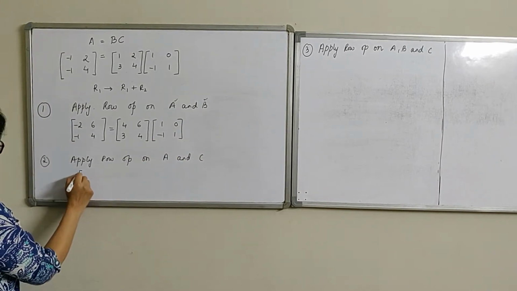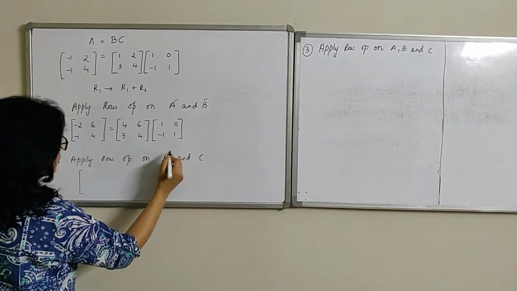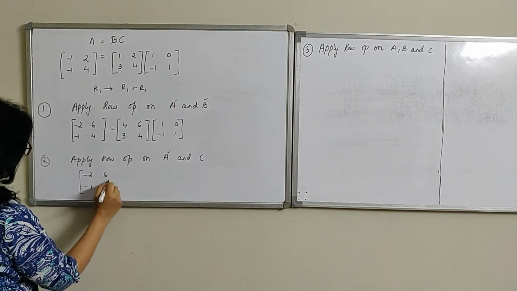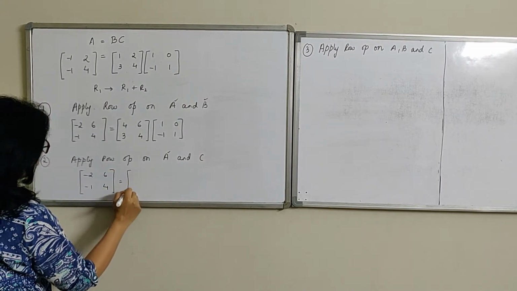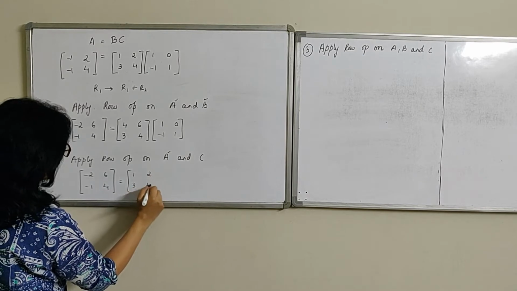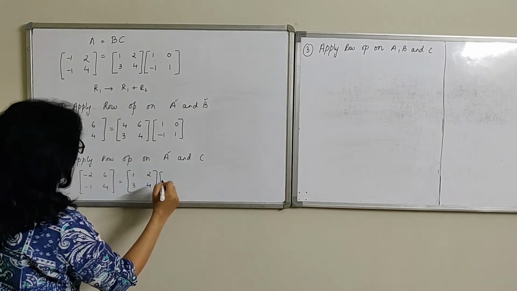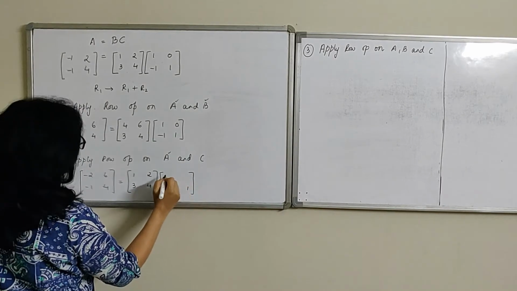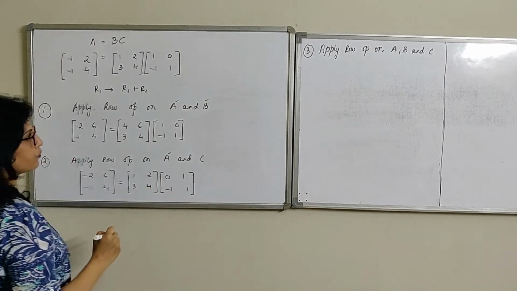In this case, the row operation is applied on matrix A, so we obtain this. The operation is not performed on matrix B. It is performed on matrix C. So it is 0, 1.